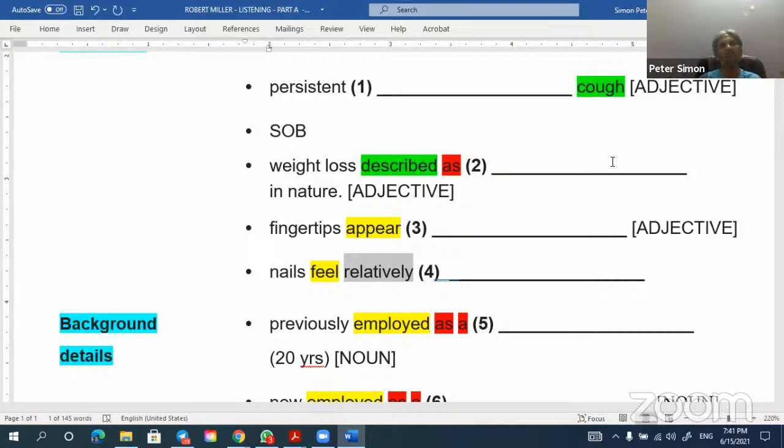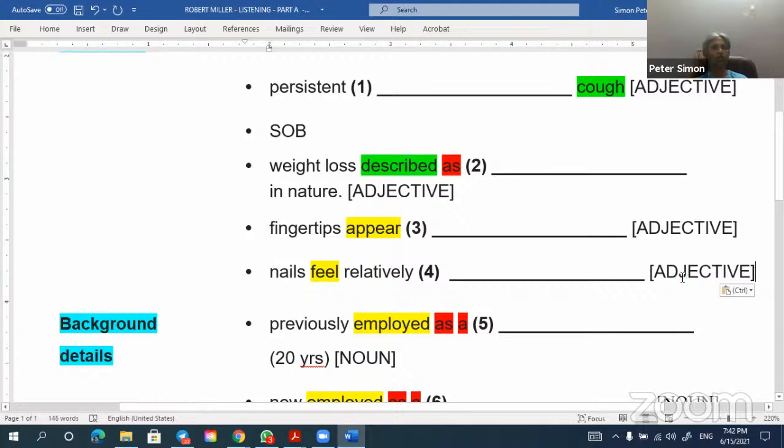What will come? Feeling is related to a quality. So here also you will get the word adjective. Okay.